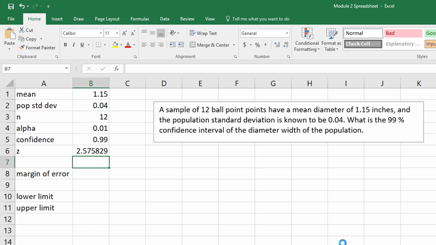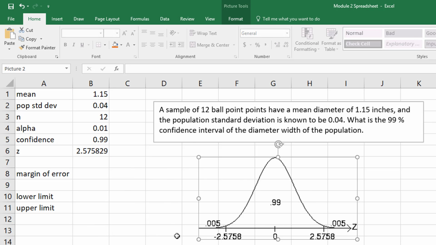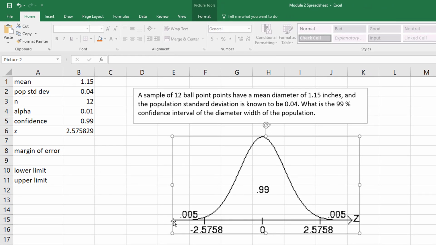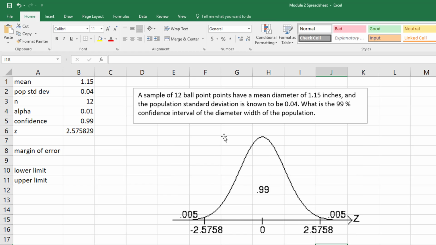If you look this up in your table, it reads from all the way down here up to that 0.99. Well, I only want this middle region right here. So remember, half of it, what's the 0.005? That's the 0.01 cut in half. So half of it's down here, half of it's up there.